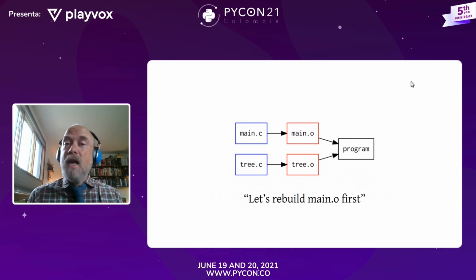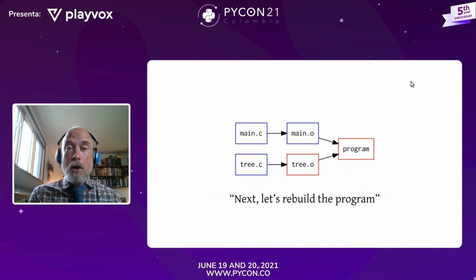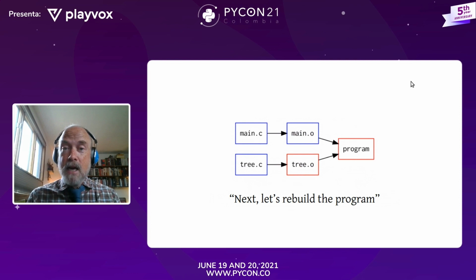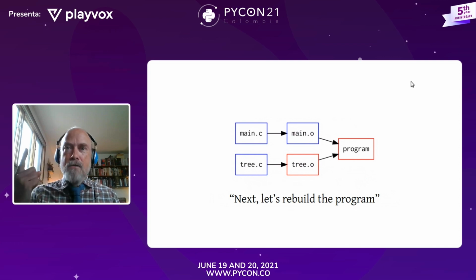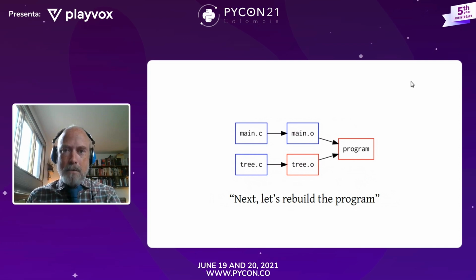Let's rebuild main.o first, it might decide. So main.o is regenerated. It now has a new modify time, and program is now obviously out of date. If you're not being careful with the order, maybe it's just going alphabetically, your build system might say, oh, well, next let's rebuild the program. It's out of date and it's next in my list.